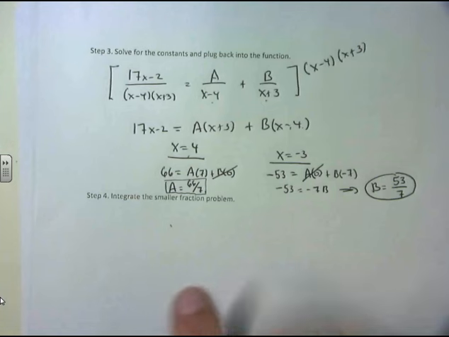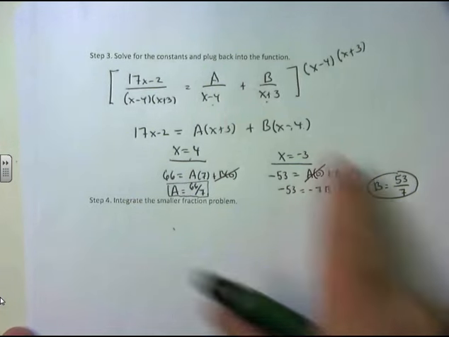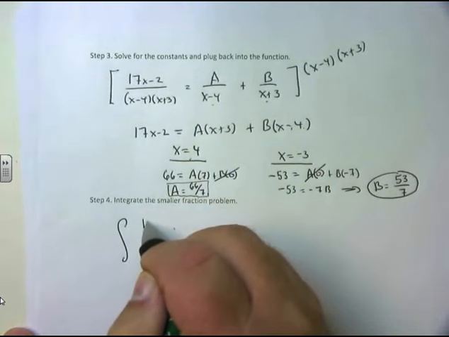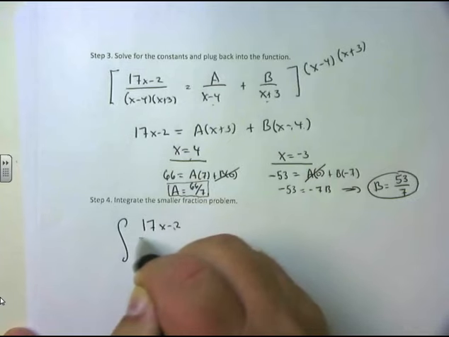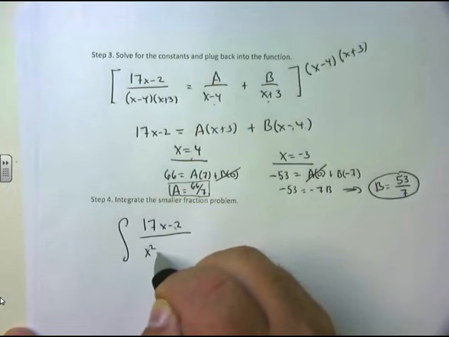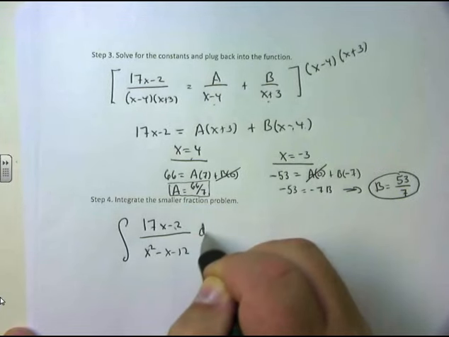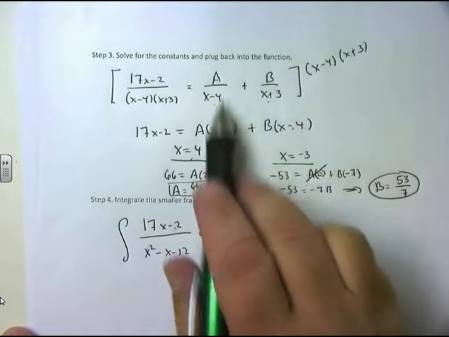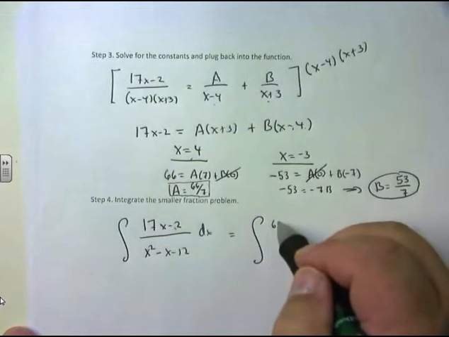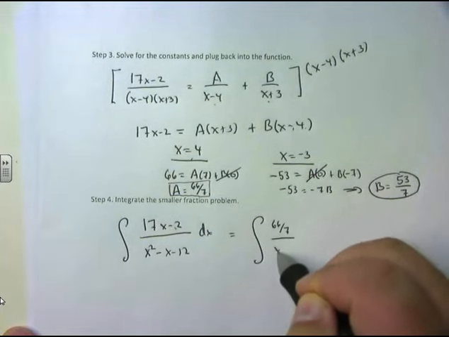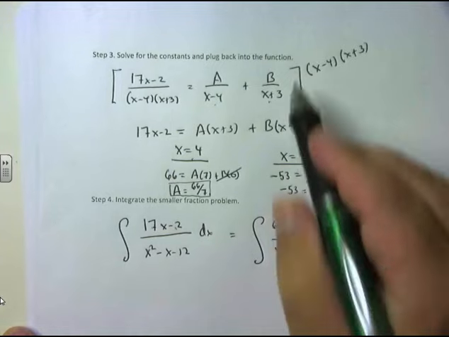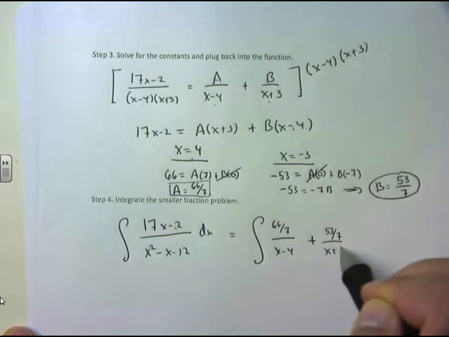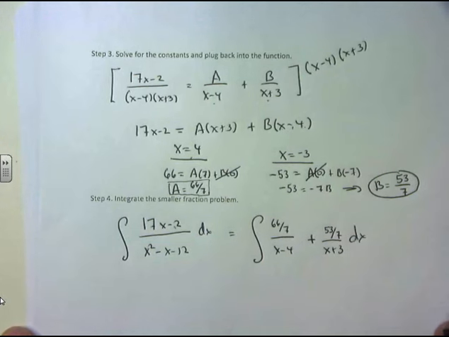Now, very important, make sure you identify who A and who B is and where they belong. So in other words, this integral that we started with, which the original problem was the integral of (17x - 2)/(x² - x - 12) dx, we have broken that integral up into partial fractions. A was 66/7 divided by (x - 4), plus B, which is 53/7 over (x + 3) dx.